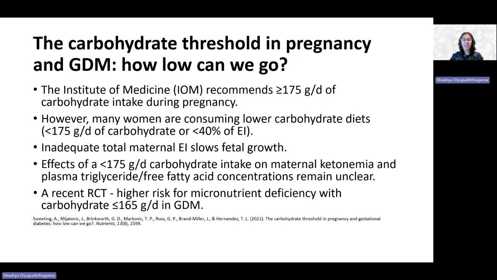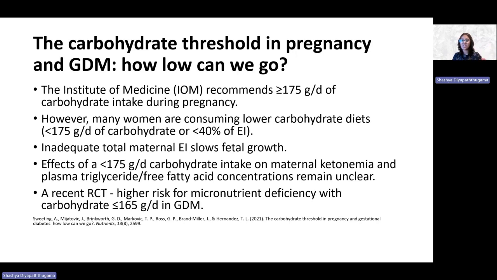That is one thing. And the effects that a low carbohydrate diet would have on maternal ketonemia and plasma fatty acid and triglyceride levels still remain unclear, because we could argue that if somebody is trying to reduce the percentage of energy coming from carbohydrates, that would eventually increase the percentage of energy coming from fats, since the total should be 100%.